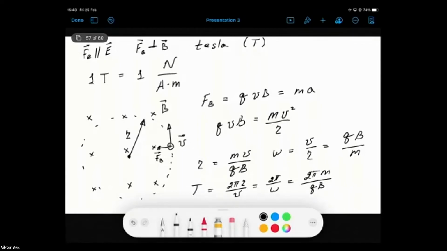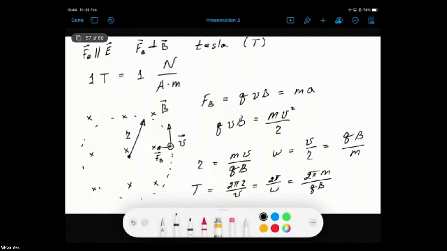So if we place some solid state material with mobile charges inside a uniform magnetic field, then these mobile charges will eventually start moving along some circular trajectory because of the effect of the magnetic field on them.